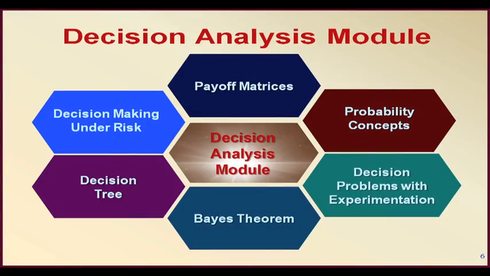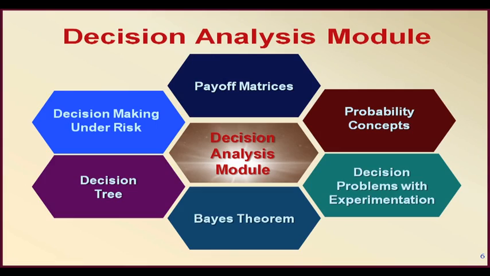It basically tells that if I go for a particular decision alternative, right, and a given outcome comes because of a state of nature, what will be my payoff, right? And as I said, the probabilities are involved. So, the question is, what are the essential concepts of probability?